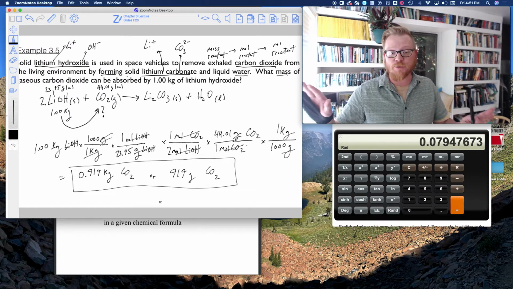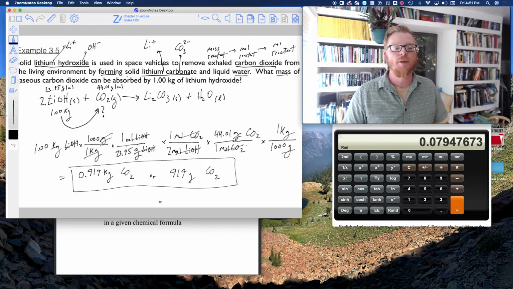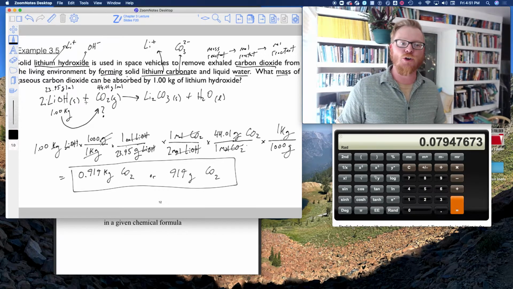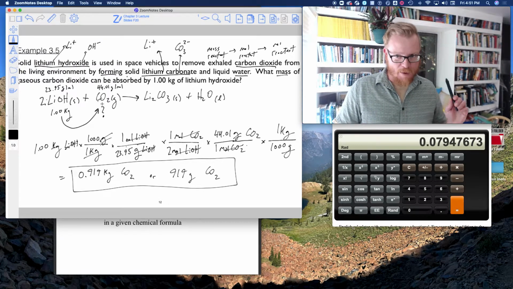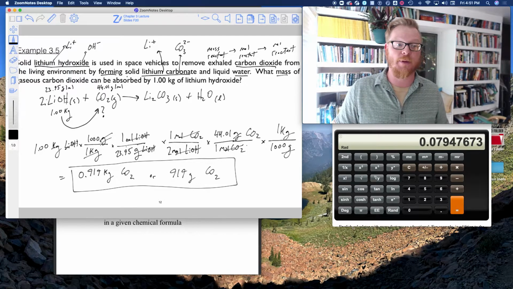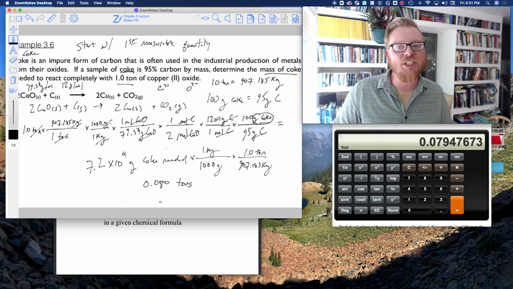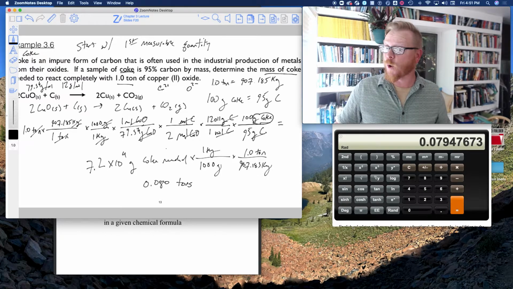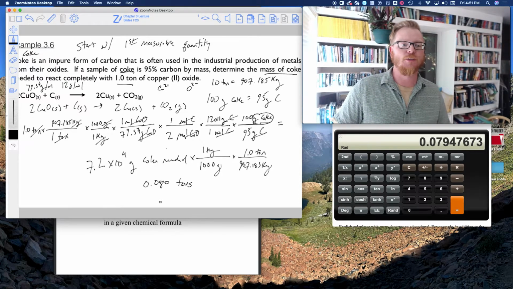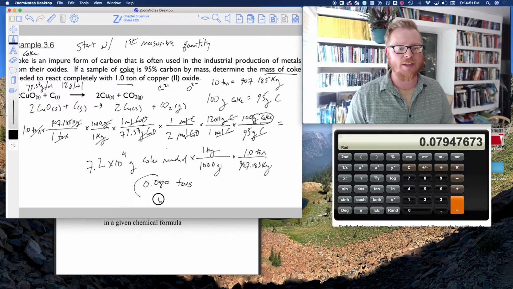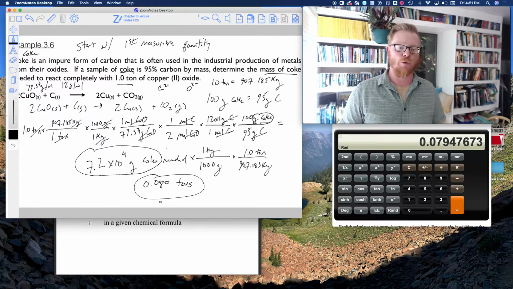So that 46 grams to 44 grams is really close to that 1-to-1 ratio in terms of mass. It's 2-to-1 in terms of moles. But it came very close to being 1-to-1 in terms of mass because the masses of these 2 reactants are very similar. However, on this problem, copper 2 oxide is much heavier than carbon for 1 mole of that material. So that's why, for every 1 ton of copper 2 oxide, it only needed 0.08 tons of Coke, or 7.2 times 10 to the 4th grams. Okay?